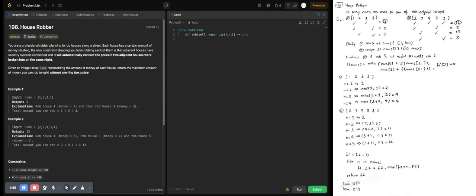Okay, I think I kind of get it. Maximum sum of non-adjacent houses.